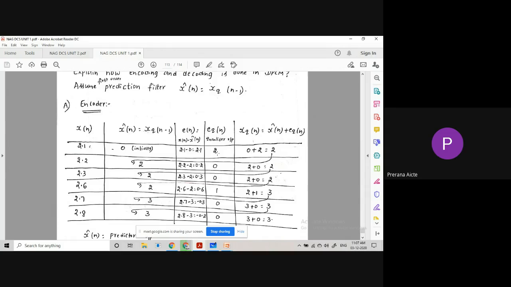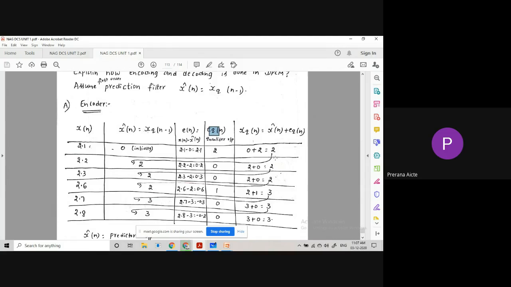First, we apply the input sample signal and the prediction filter output. Then we find the error signal e of nTs, which is applied to the quantizer. Then we get the quantizer output. Up to this it is clear, right? Then again we take the quantizer output along with the prediction filter data, that is eq of n plus the prediction filter data. So we get xq of n, which is the quantized value of the prediction filter output. So xq of n equals x cap of n, which is 0, plus eq of n, which is 2.